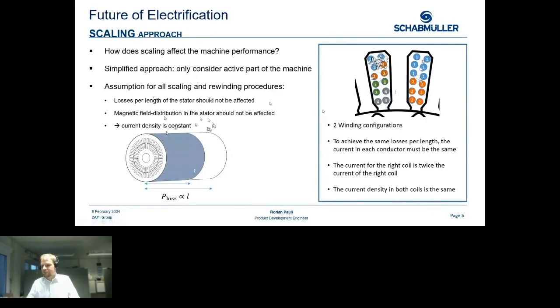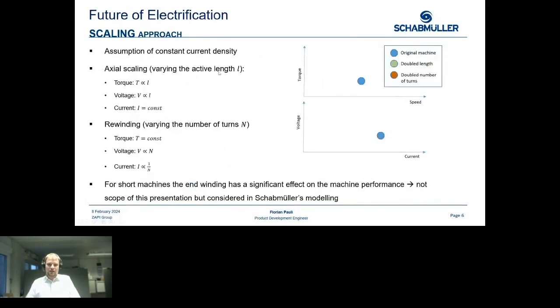And as the current is directly linked to the produced copper losses, to keep the losses the same, we need to keep the current density the same. For the magnetic field distribution, it would be beyond the scope of the presentation to explain this, but it's also kept the same if we take the same approach.